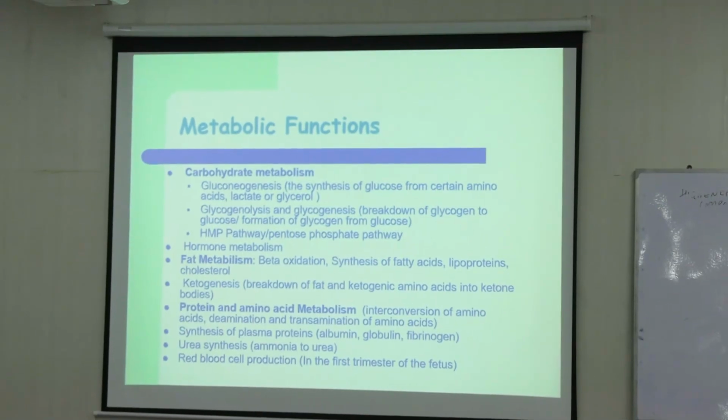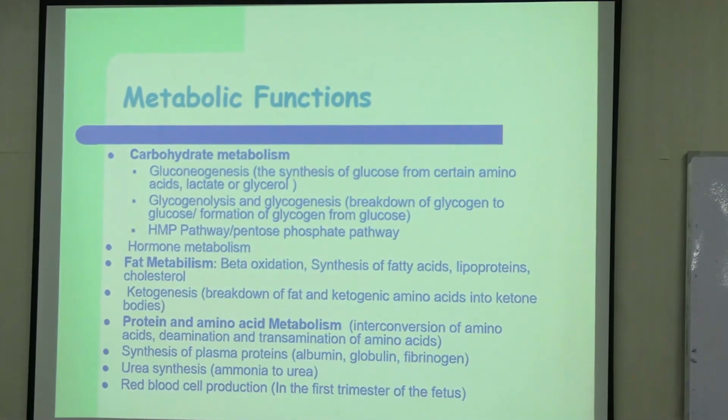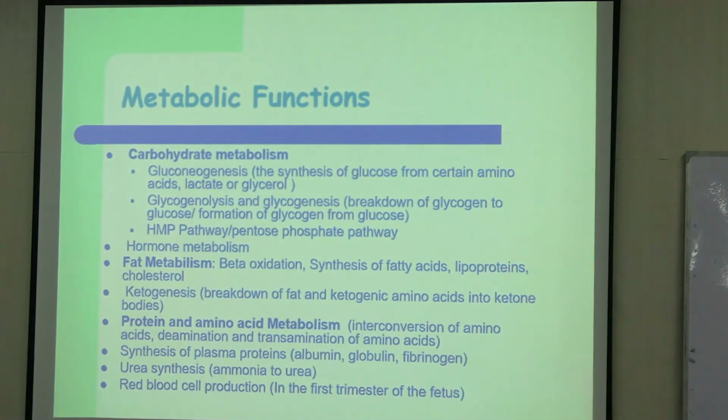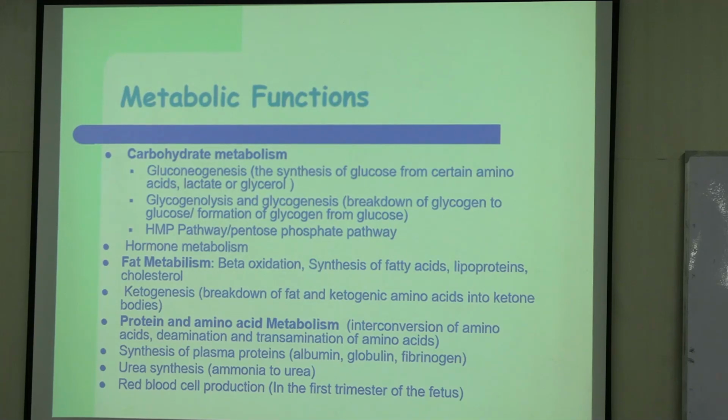This is the metabolic function. What is this? It participates in carbohydrate metabolism. We know gluconeogenesis. Where it takes place? In liver. When there is shortage of sugar in your blood, liver comes forward to rescue.